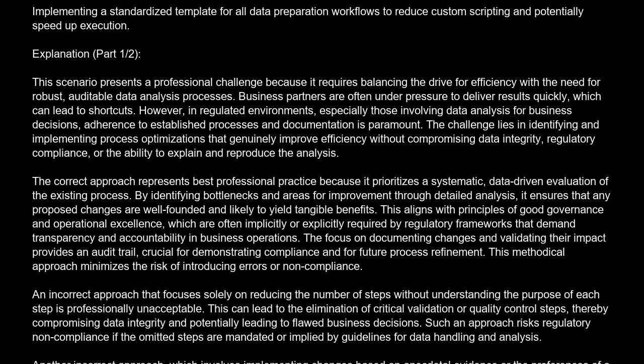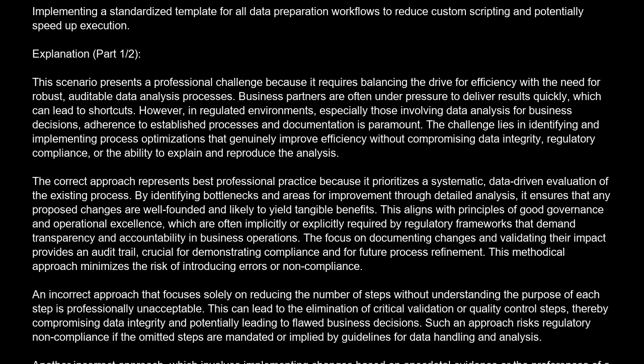The correct approach represents best professional practice because it prioritizes a systematic, data-driven evaluation of the existing process. By identifying bottlenecks and areas for improvement through detailed analysis, it ensures that any proposed changes are well-founded and likely to yield tangible benefits.